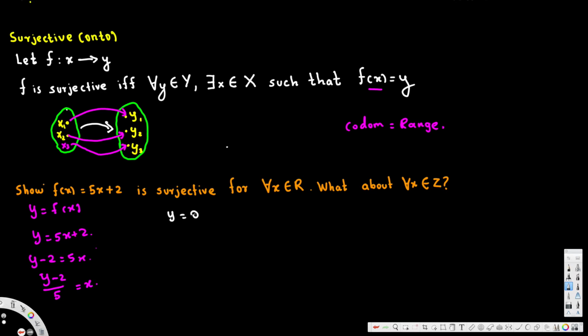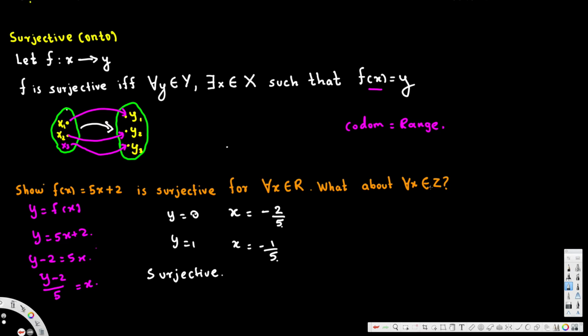If y is equal to 0, this is going to be negative 2 over 5, and if y is equal to 1, x is going to be negative 1 over 5, and for all real numbers there's going to be an x, so this is a surjective function. Surjective.